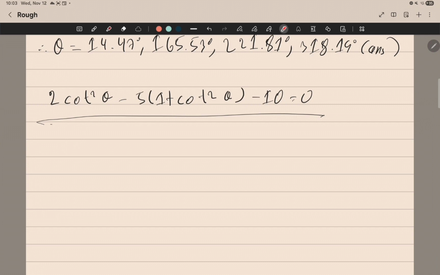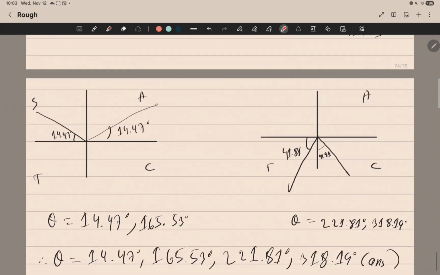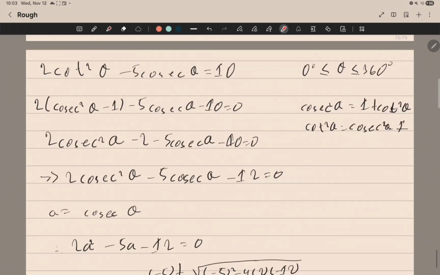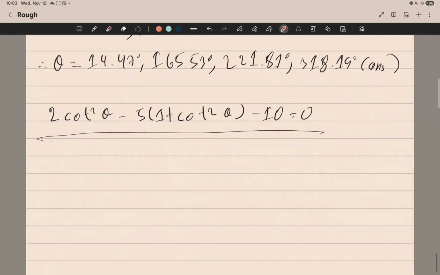And technically it should be correct. Doesn't matter if you change, right? If I substitute cosec square theta minus 1 here, or 1 plus cot square theta here, even this makes more sense, since the formula goes like this, right?